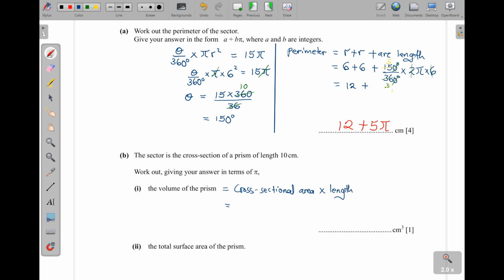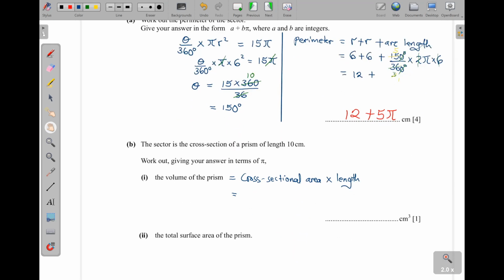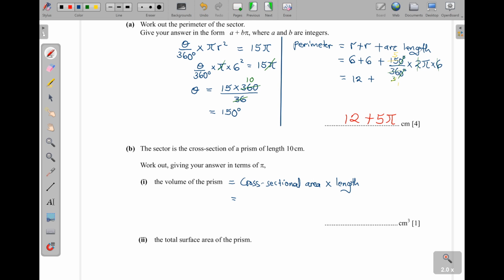Now, the cross-sectional area was actually given here, as the area of the sector is 15 pi. So I'll have 15 pi, and then the length is 10, so times 10, meaning altogether we can get our answer as 150 pi.